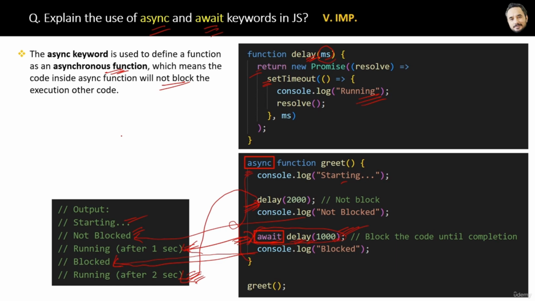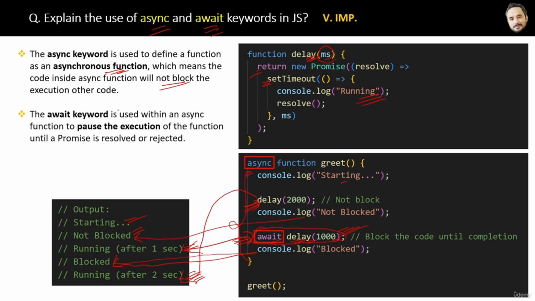Therefore, at those points, we need await keywords. The await keyword is used within an async function to pause the execution of the function until a promise is resolved or rejected. So that is the whole story about the two brothers whose names are async and await.